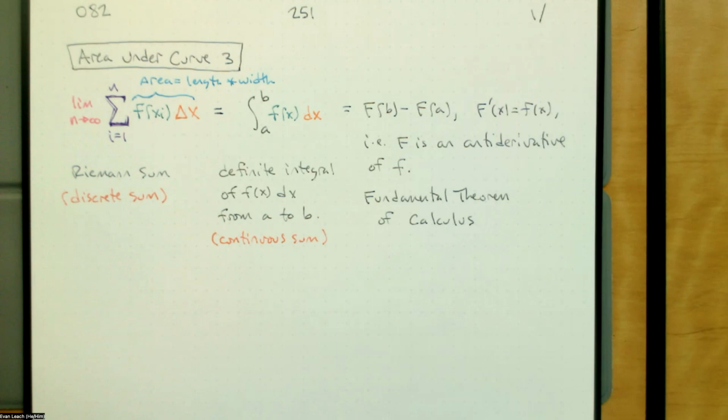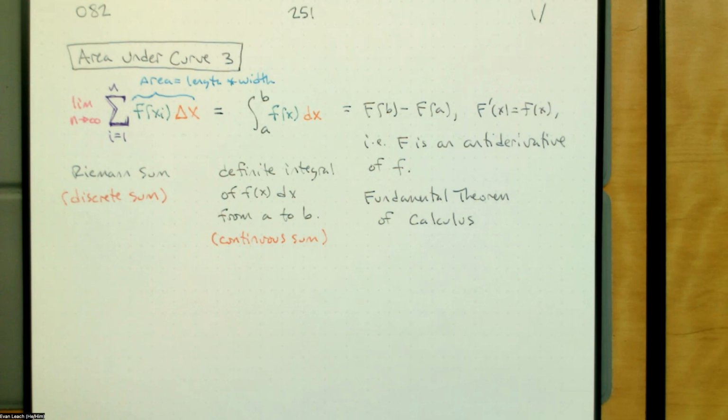We go from the discrete sum as the model to the continuous sum, introduce this new notation, and we get a way to calculate it through the antiderivative. So we're going to take all the stuff that we did in chapter 3 and start doing that backwards.